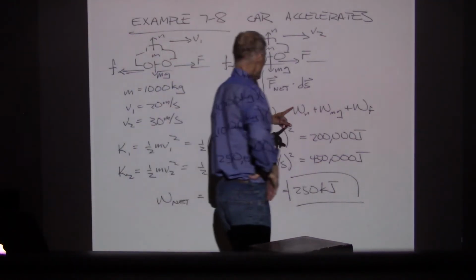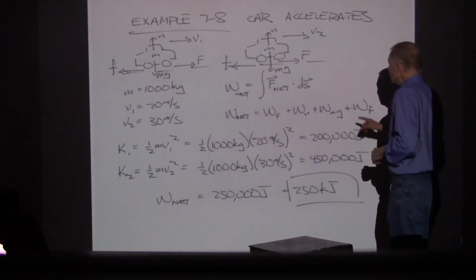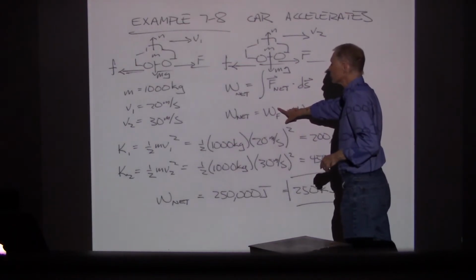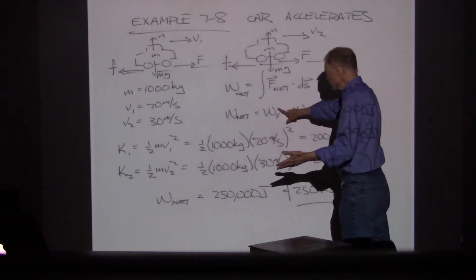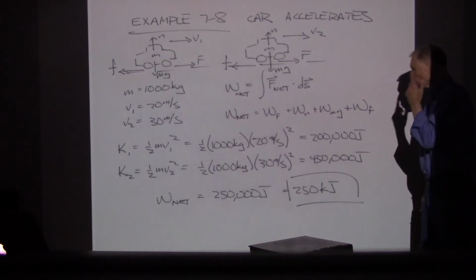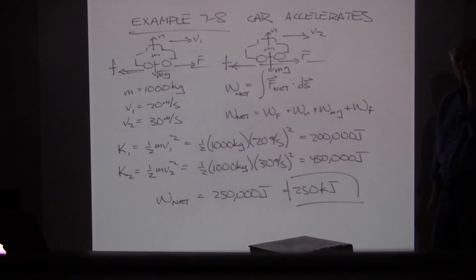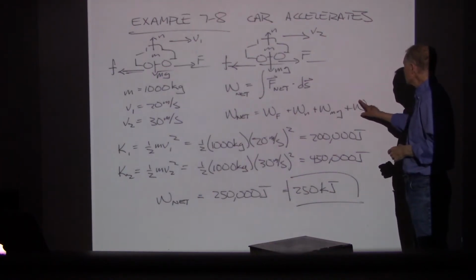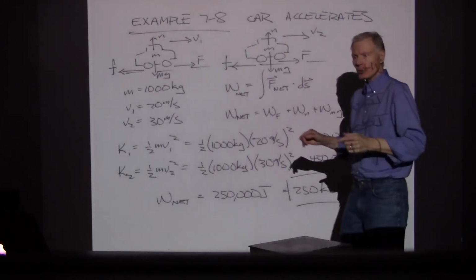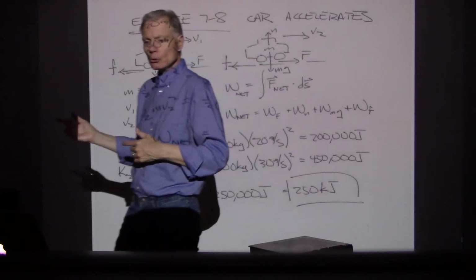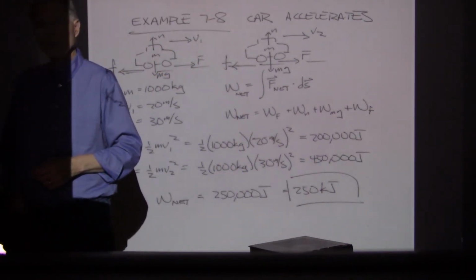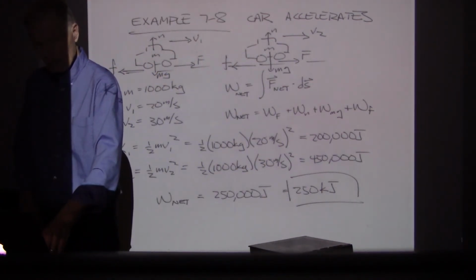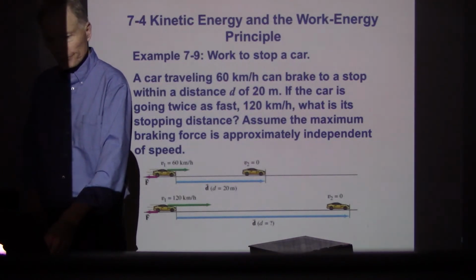Those would subtract, and so this force is going to have to provide at least 250,000 joules, and probably more, because that force forward has to compensate for any of the energy transfers out due to the resistive forces. Okay, so that's the way to think about this.